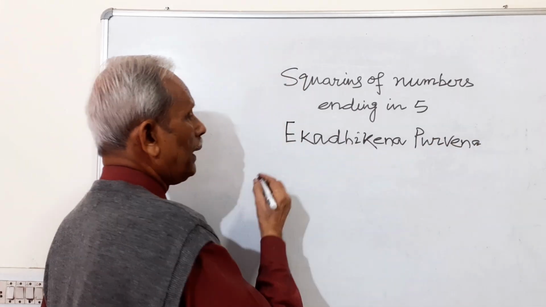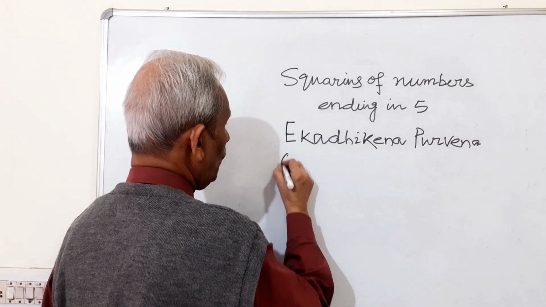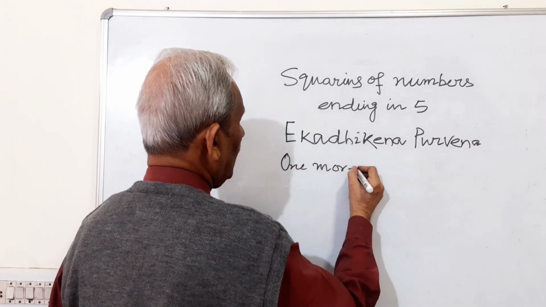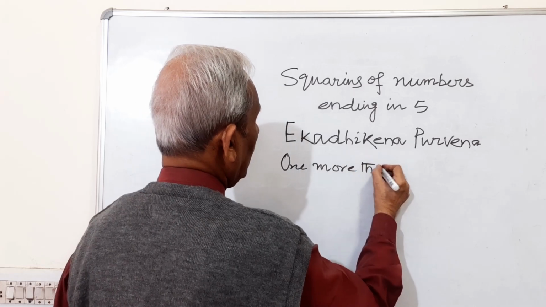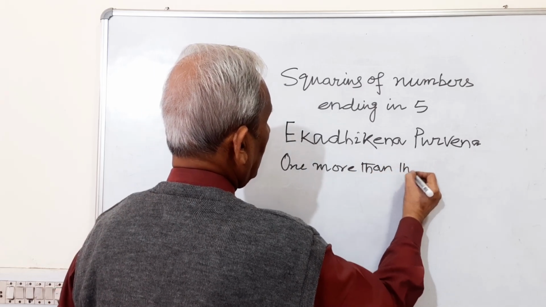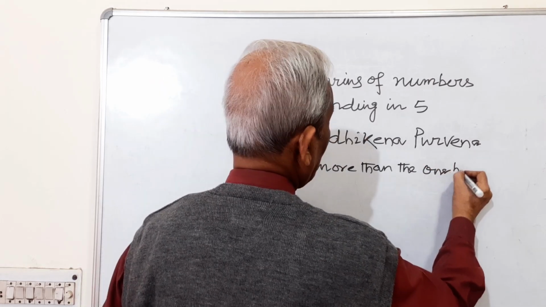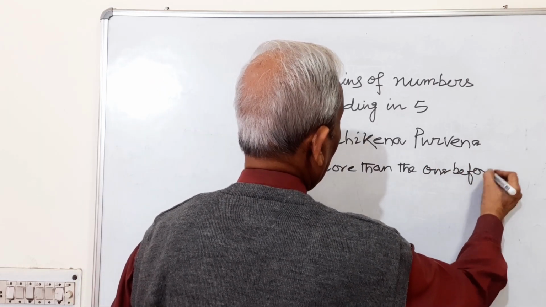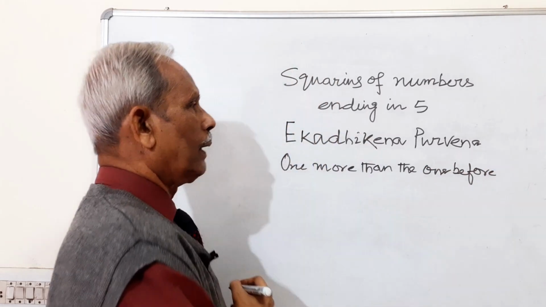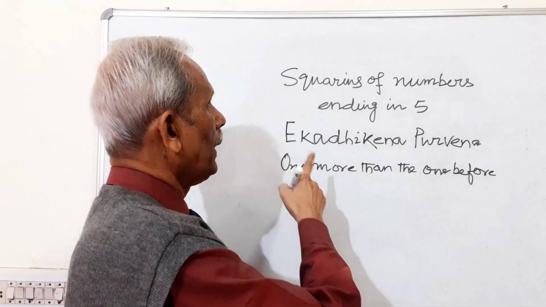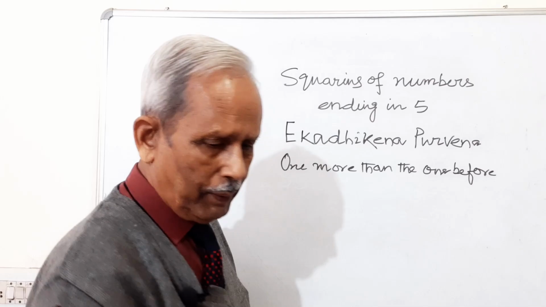In English you say it means one more than the one before. So you have to remember that, and we will follow this sutra so that we can do the squaring of numbers which are ending in 5.